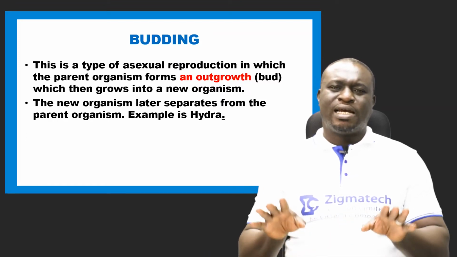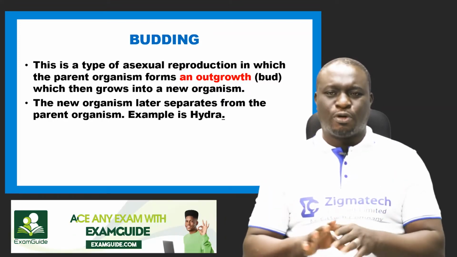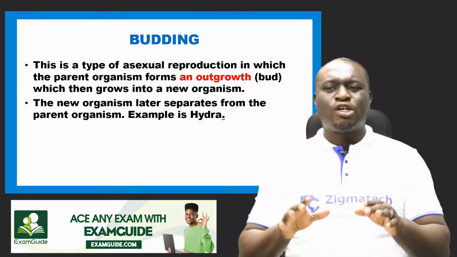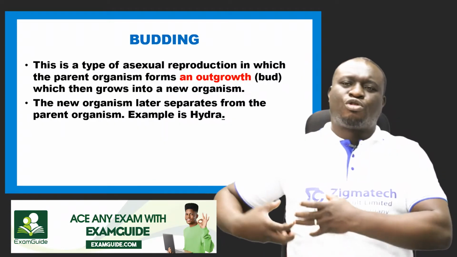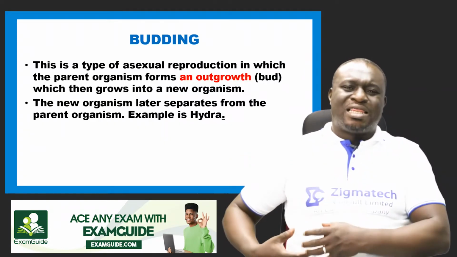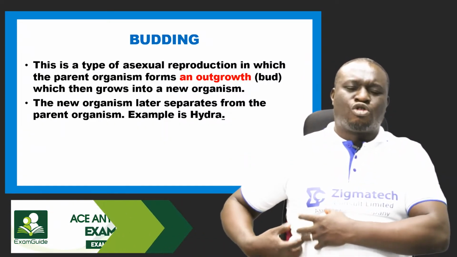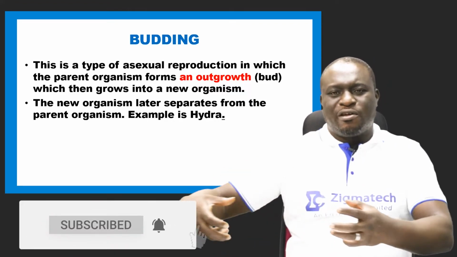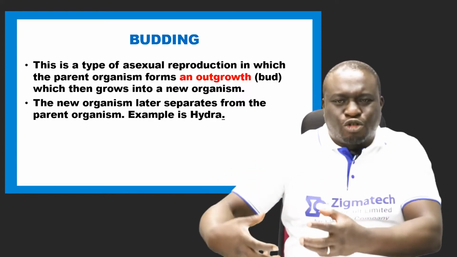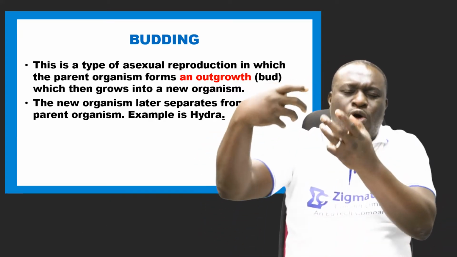Now, budding is a type of asexual reproduction in which the parent organism forms an outgrowth. There is an outgrowth from the parent organism, and when it falls into a favorable environment, it grows into a new organism.